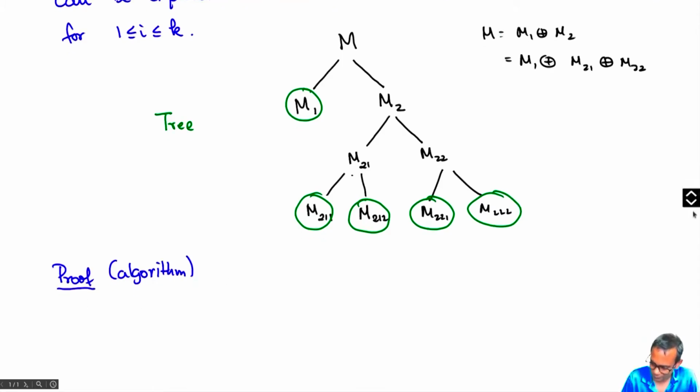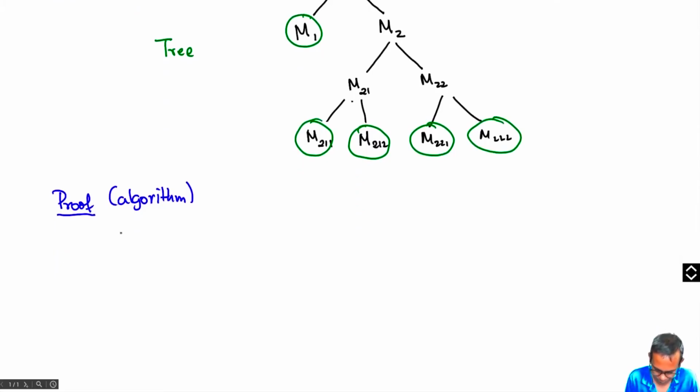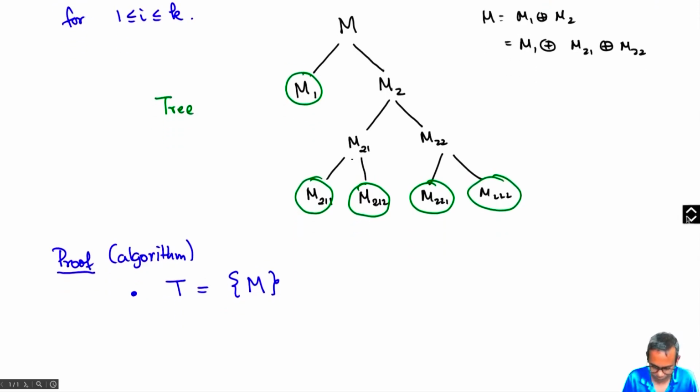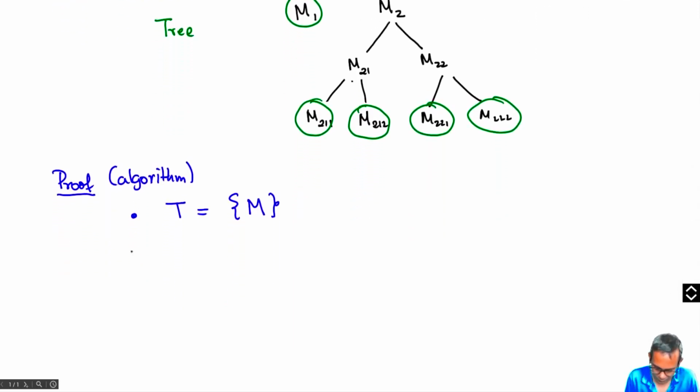So start with T equals just one node, the tree with one node M. At the first stage, your tree has just this one node M, which is a leaf. Now, the algorithm goes as follows.